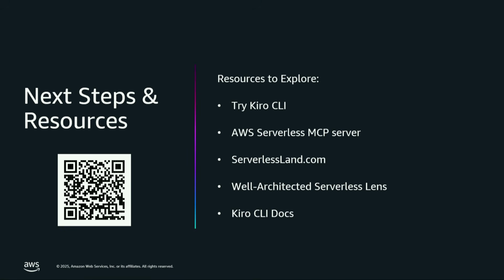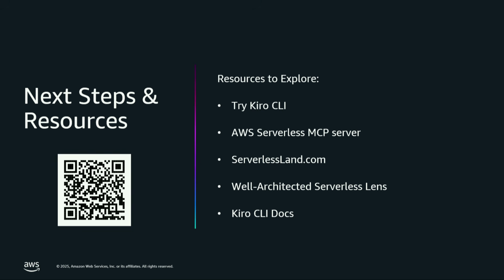So if you scan the QR code, it will get you to a list of resources, so you can easily download Kiro CLI, but also find these MCP servers. We're linking the serverless MCP servers, but all the other AWS MCP servers are there on the same page. Serverless Land is a great resource for everything serverless.